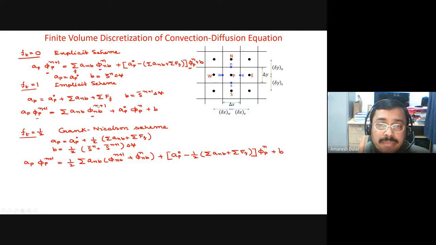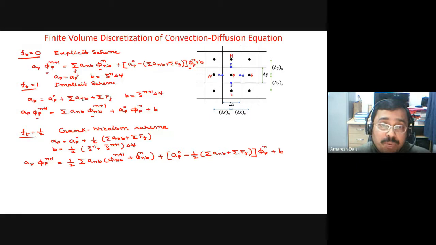Because at n plus 1 time level we are trying to find what the values are, so obviously those are unknown. So this is known as implicit scheme, because we have more than one unknown. And these two are first order accurate in time, both explicit and implicit.